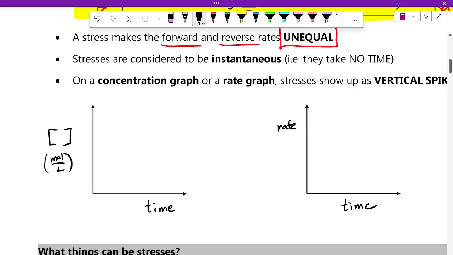And if we start with our forward rate and our reverse rate being equal, that means that initially, are we at equilibrium or not at equilibrium? We're at equilibrium. And then at a time here, we're going to apply a stress.